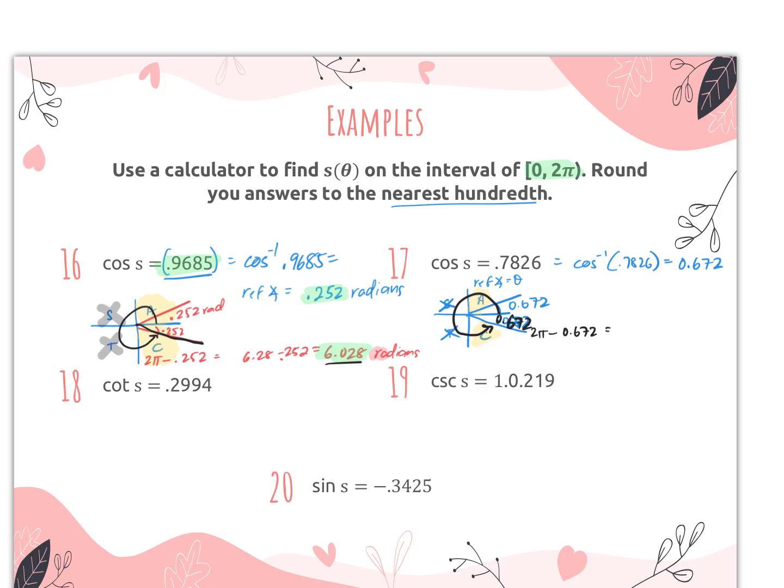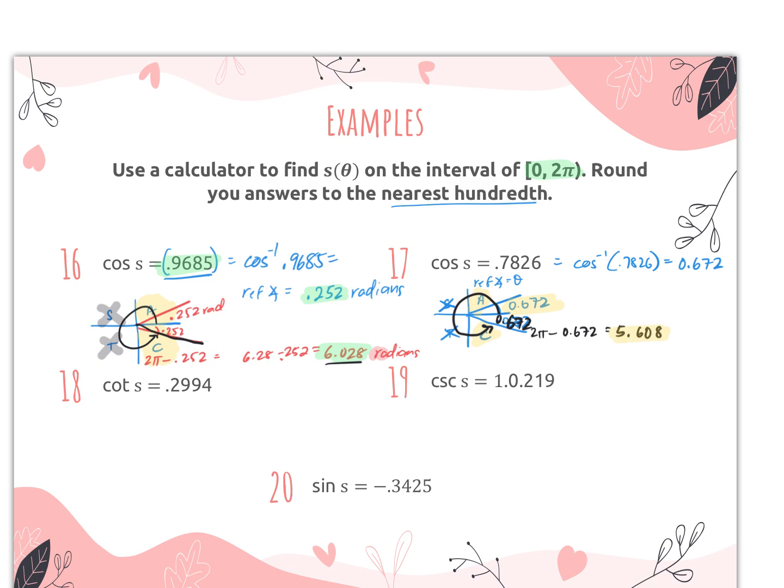And so I'm going to get 5.608. And so I know that is going to be my angle. So that's my second solution. So my solutions are going to be 0.672 radians and 5.608 radians.